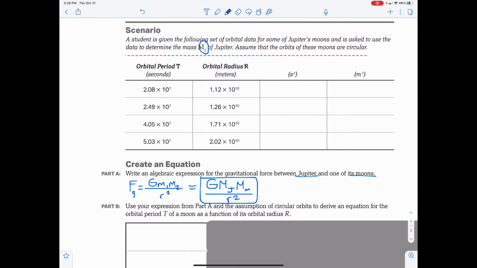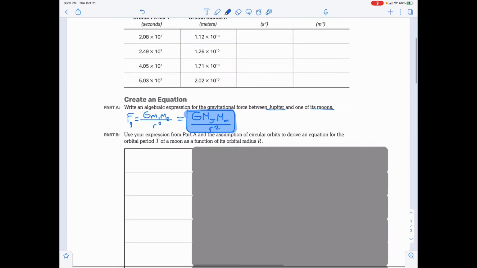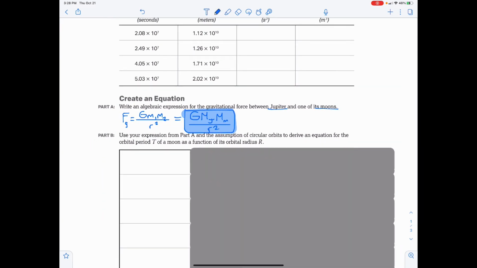Now, for part B, use your expression from part A and the assumption of circular orbits to derive an equation for the orbital period as a function of the orbital radius. We are basically deriving Johannes Kepler's third law of planetary orbits, which will end up being that the period squared is proportional to the cube of the radius.